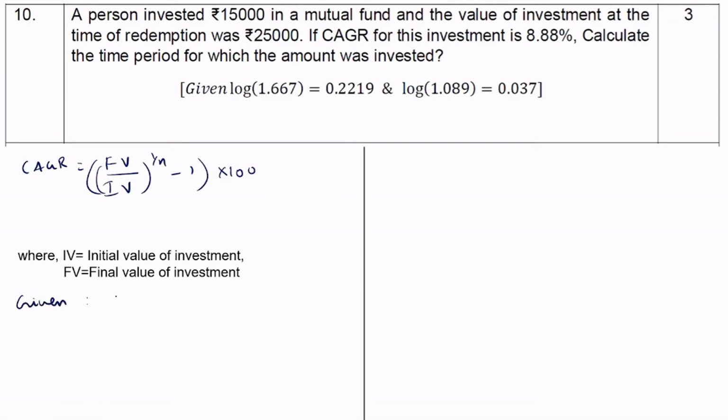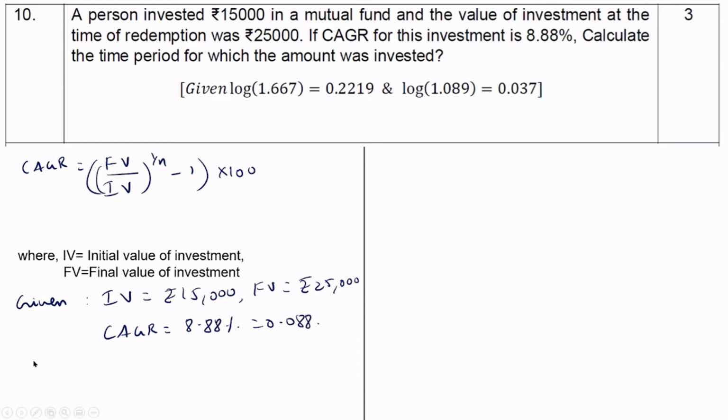Given initial value is rupees 15,000, final value is rupees 25,000 and the compound annual growth rate is 8.88% or it is 0.0888. Now we need to find n. So let us take this as 1.